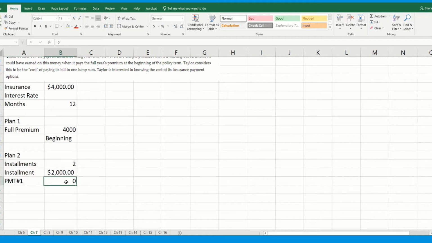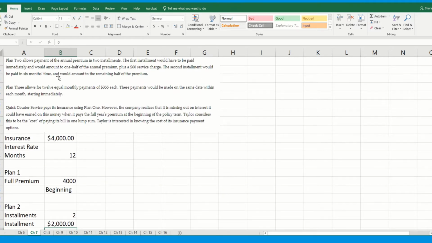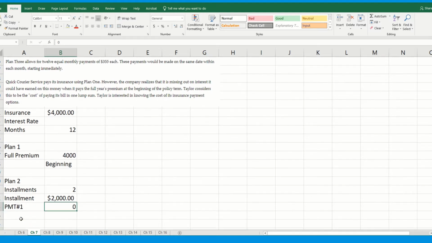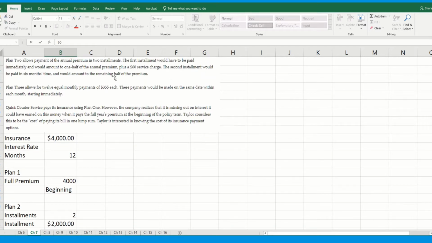So I'll go back to where we've put it. My payment 1 is at time 0, which is immediately. And that amounts to half of the annual premium plus a $60 surcharge. So I better put in the surcharge. That is a service charge, and that's $60. And the second installment is paid in 6 months' time and would amount to the remaining half of the premium.